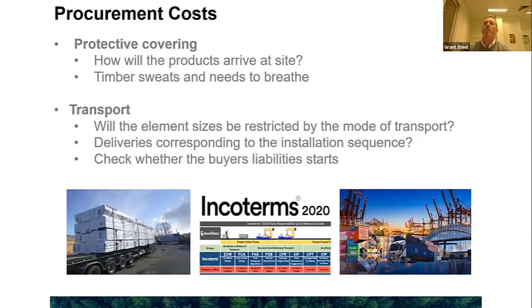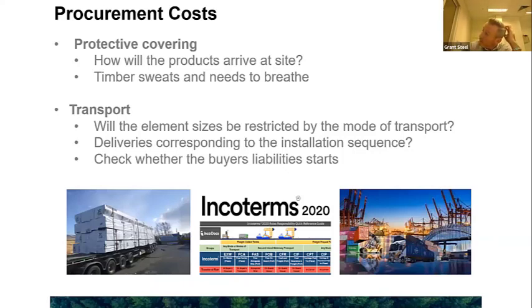On the timber protection, you don't want fully encapsulated because timber needs to breathe. So it needs to have some kind of aerated cover on there. Our products, for example, are covered on every surface except the actual bottom surface to allow that breathing to occur. So just be mindful when you're asking about protection, how it's going to be protected.